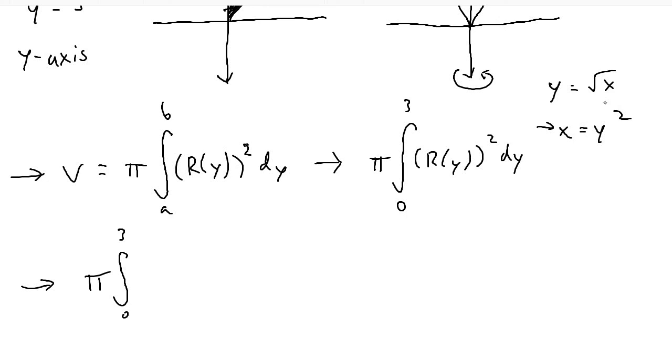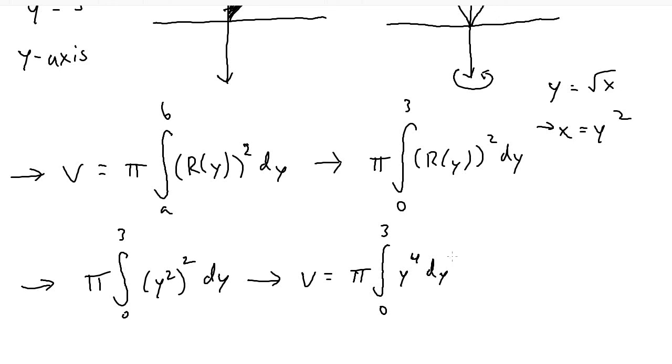I'll replace r of y with y squared. So now we get pi times the integral from 0 to 3 of y squared squared, because we take the radius squared, dy. Then the volume is equal to pi times the integral from 0 to 3 of y to the 4th dy.